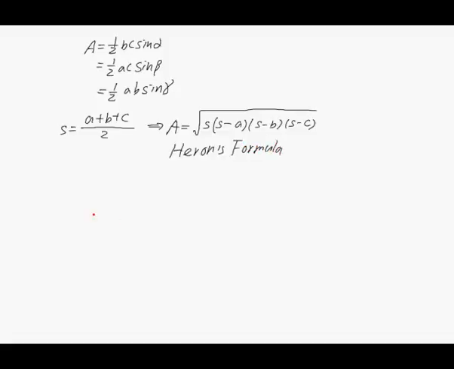Now let's look at one problem. Let's look at number 32. We know A is equal to 7, B is equal to 8, and C is equal to 5. Then find the area. So we can use this Heron's formula.